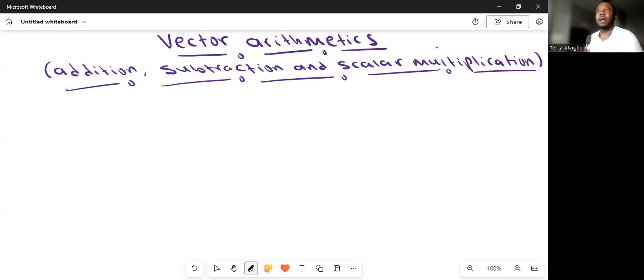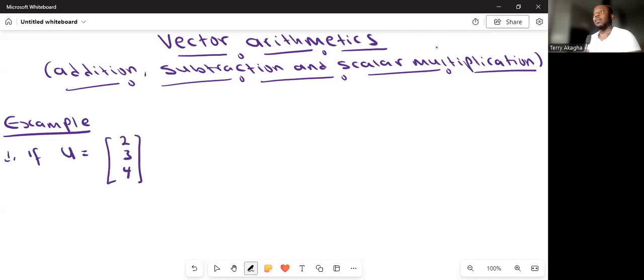So let's assume we have this example here. Number one, we're told if u is equal to 2, 3, and 4, and k is equal to 2, 1, and 3. Is that making sense?